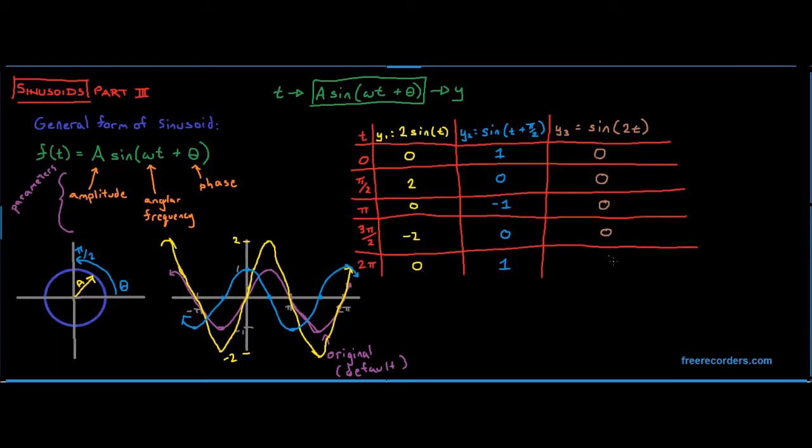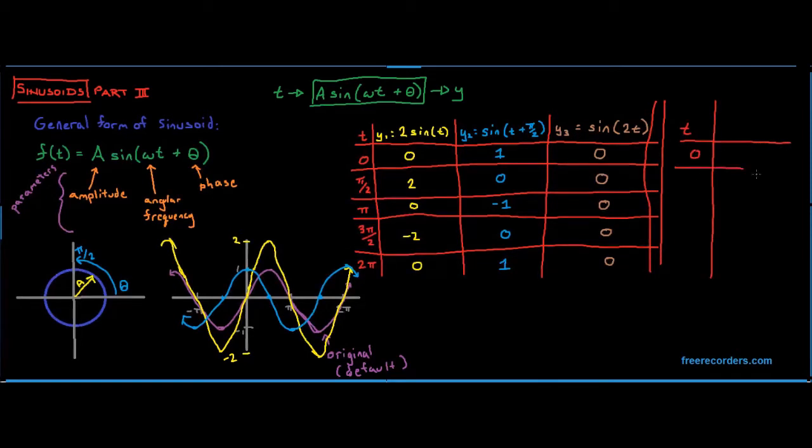Our sample points did not give us enough information for our plot. We're going to have to increase the number of sample points we take in the interval between t equals 0 and t equals 2 pi, or have the same number of samples, but in a shorter interval. The latter requires less work. If t is pi over 4, the argument is pi over 2, and the output is 1.